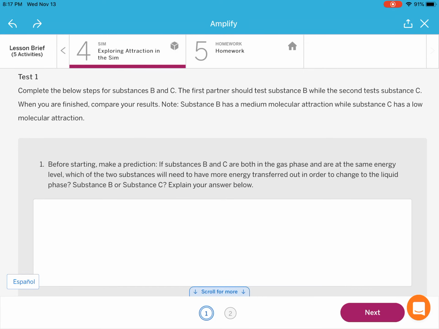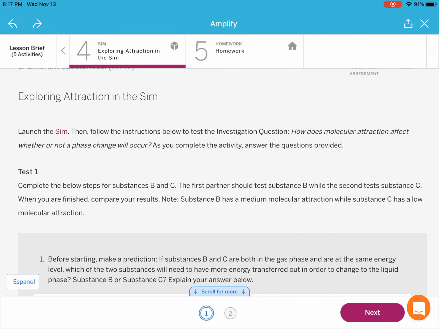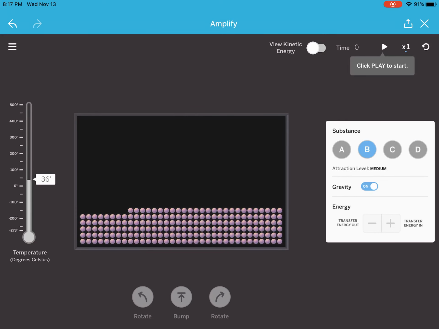Okay, with number 4, you're back to the simulation. Okay, and in that simulation, you're going to click it up. And this information is also going to be up on the PowerPoint for you to see. You're going to open it up, and the question is, change your setting to letter A, change the gravity to off.